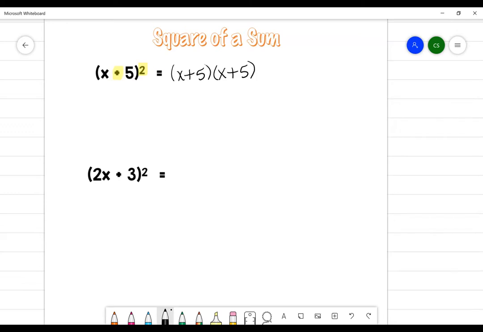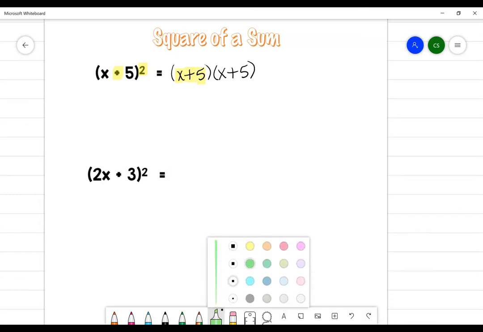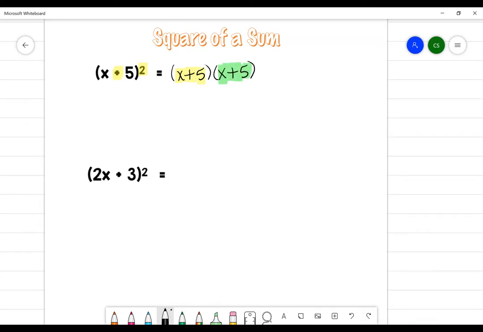Because that's what a square means. A square means that I'm multiplying something, whatever the square is, twice. So now this just looks like a binomial times a binomial, where I multiply every term in my first binomial to every term in my second binomial.